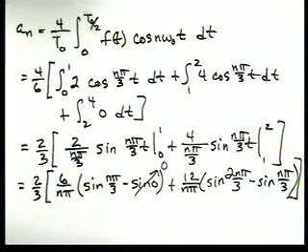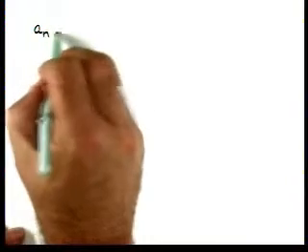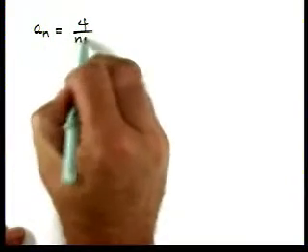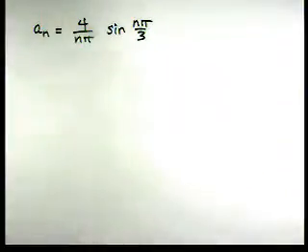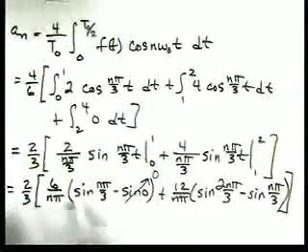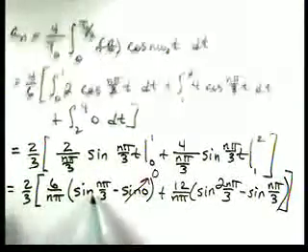Now we continue with our work. We can rewrite this as a_n is 4 over n pi sine n pi over 3, which comes from multiplying this term by 2/3.